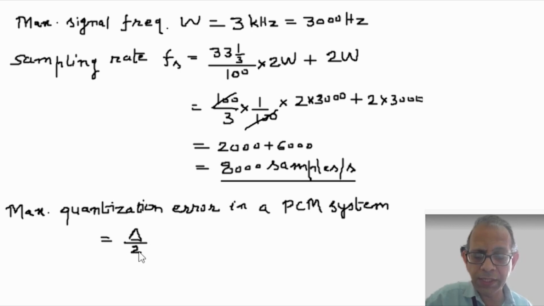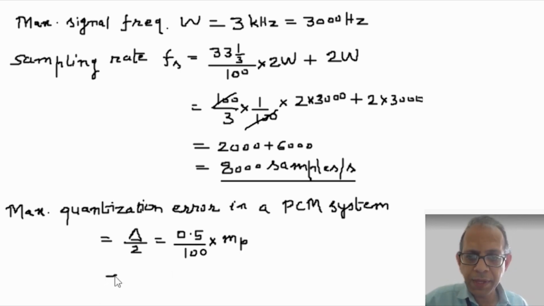The quantization error is uniformly distributed in the interval minus delta by 2 to plus delta by 2, and that is given to be equal to 0.5% of the peak amplitude mp. So from here, delta, the step size, comes out to be 2 into 0.5 is 1, so mp by 100.